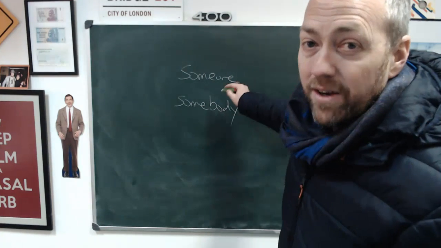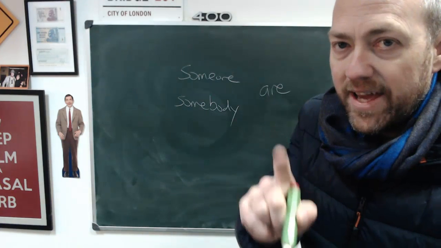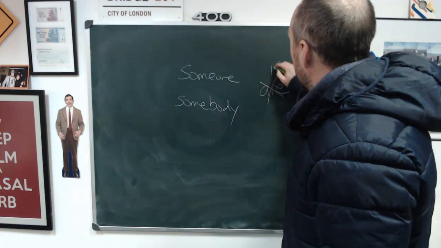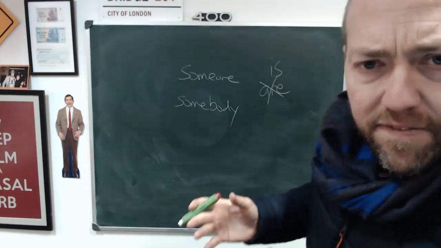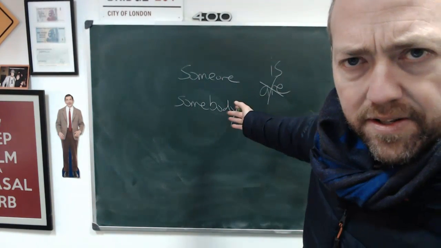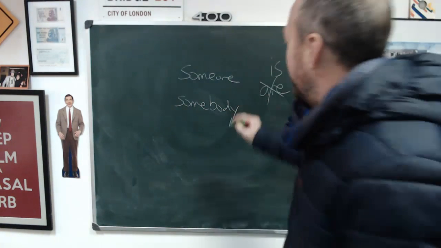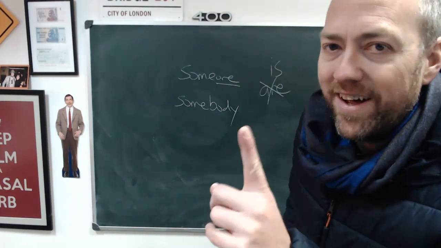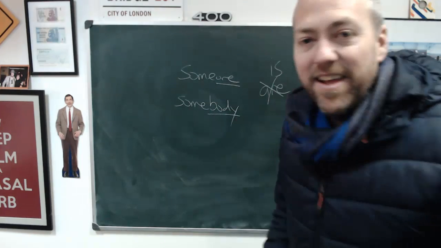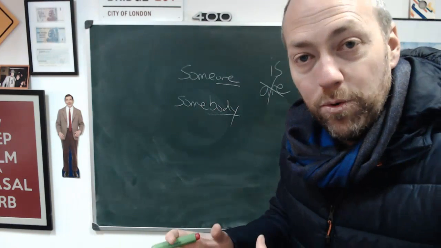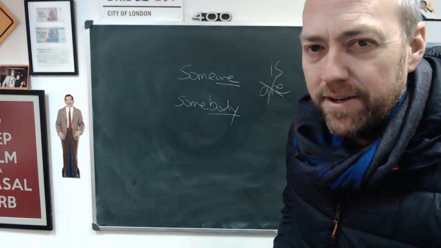So, someone or somebody are? No, okay? It is. They are singular because if we look at the word, we can see that it is talking about a singular thing. One, like the onion, one. And here, a body, okay? It's not plural, it's not collective, it's not a group of people, it's singular, okay?